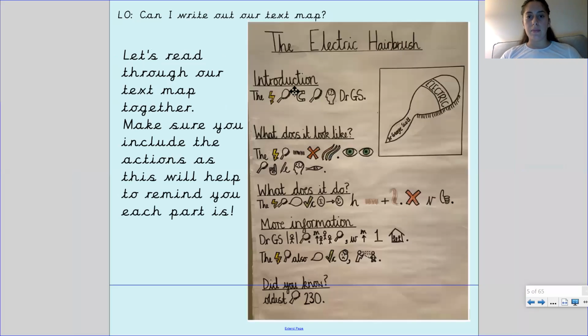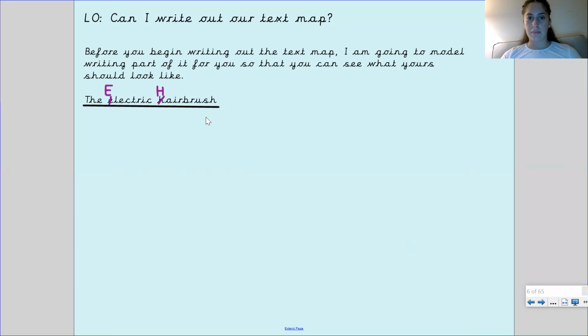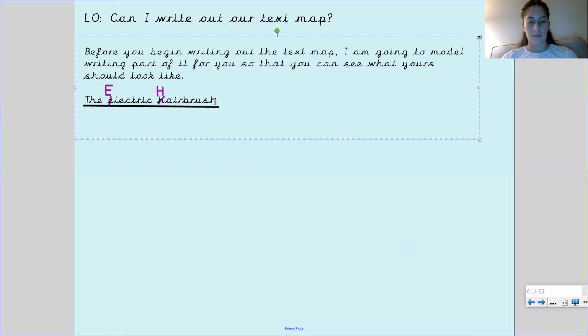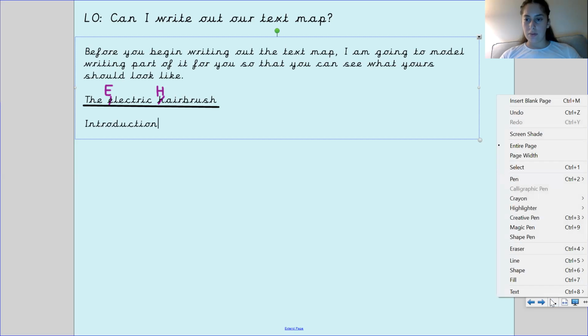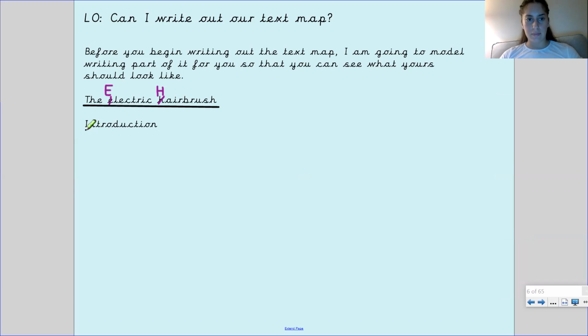What's the next part? The next part is my subheading, Introduction. I'm going to use my shape pen again and underline introduction.